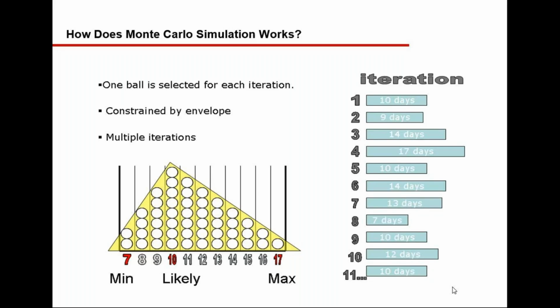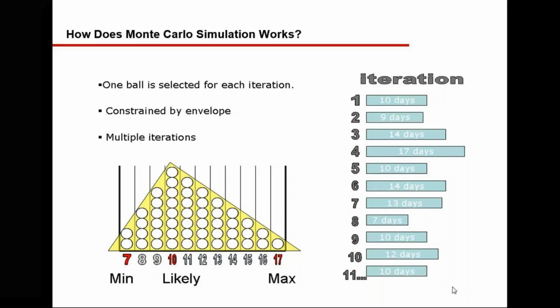Every time it picks a value based on this pattern, and based on how many times a value has been picked over the iterations, that becomes your likely, right? Wherever it's the majority of the value, that becomes your likely, and minimum and maximum are determined by you.